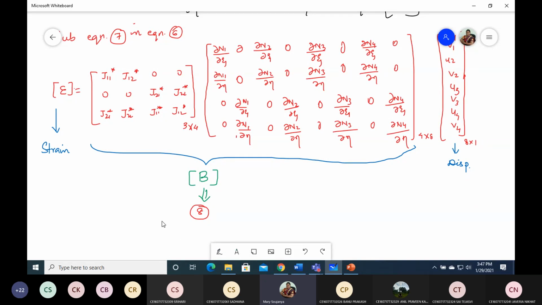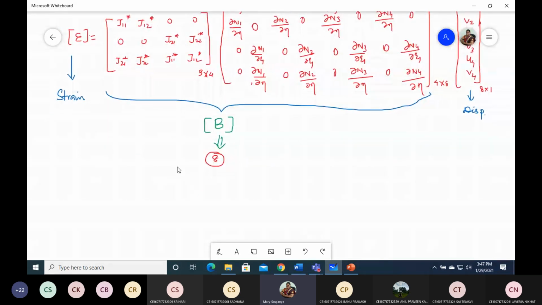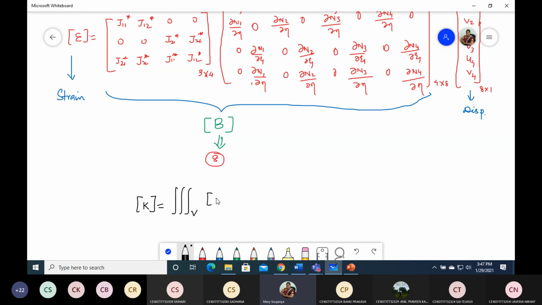Depending upon the condition of plane stress or plane strain, we are going to get the D matrix also. So finding out the elemental stiffness will not become difficult when we have the B matrix, that is what we have seen in equation number 8, then the D matrix depending upon the plane strain or plane stress condition, next is B, and then dV. All right.